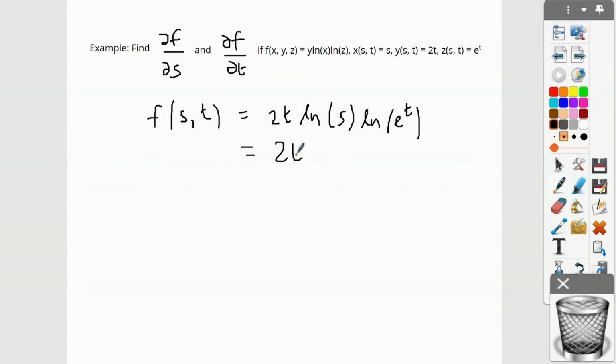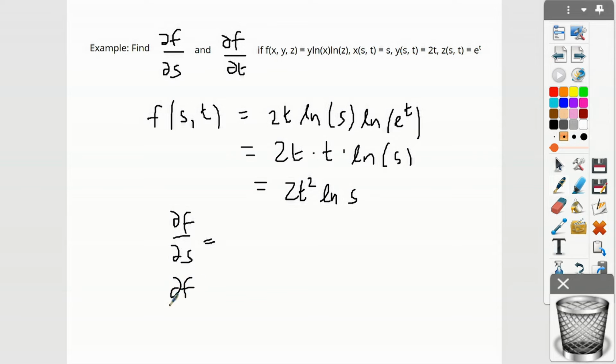That's equal to 2t times t times natural log of s, which is 2t squared natural log of s. So then f sub s, or partial f partial s, is equal to 2t squared over s, and partial f partial t is 4t ln s.